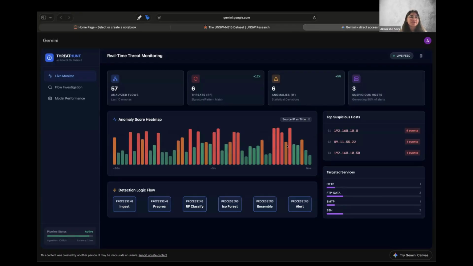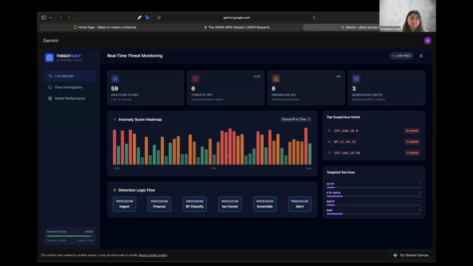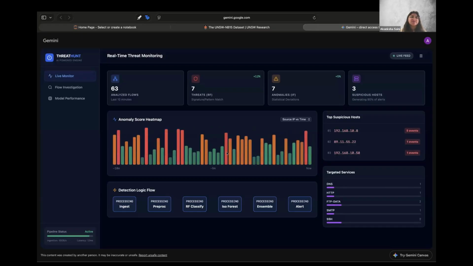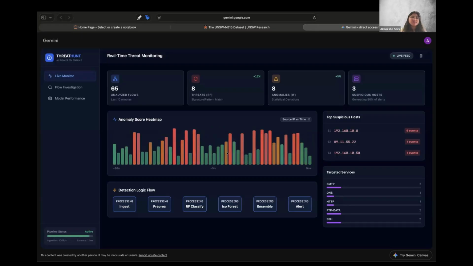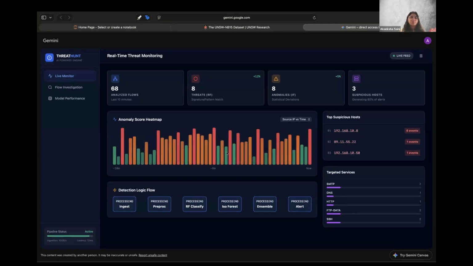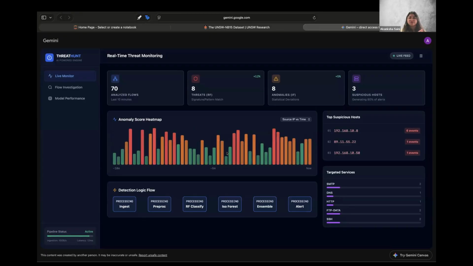Then here we have the anomaly score heat map, and each bar is a flow and the color reflects the severity. So it gives the analyst an immediate sense of when the abnormal activity started to spike.